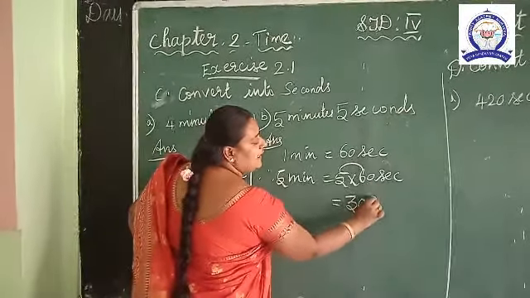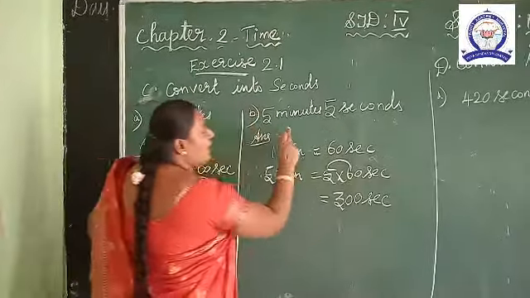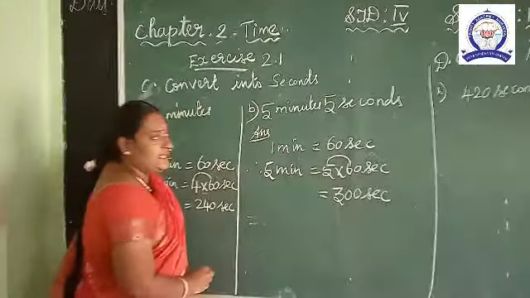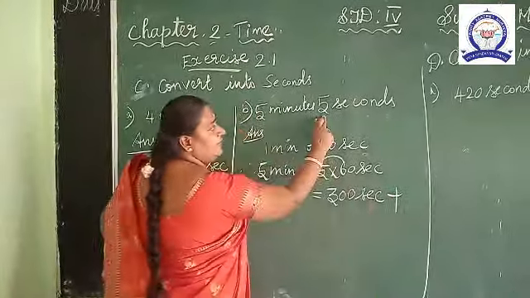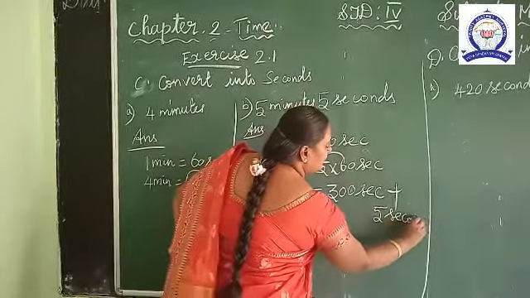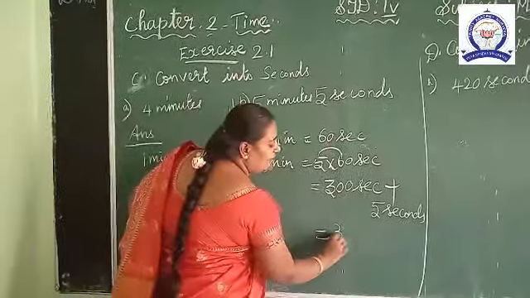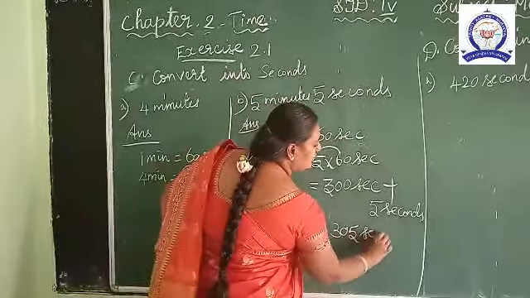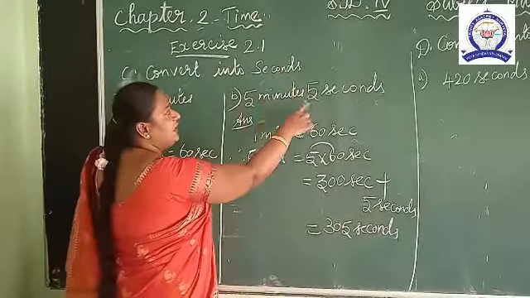You add 0 at last, so 300 seconds. So 5 minutes is equal to 300 seconds. Now you add the given 5 seconds, that is 300 plus 5 is 305 seconds. This is your answer. So we have converted 5 minutes 5 seconds into seconds.